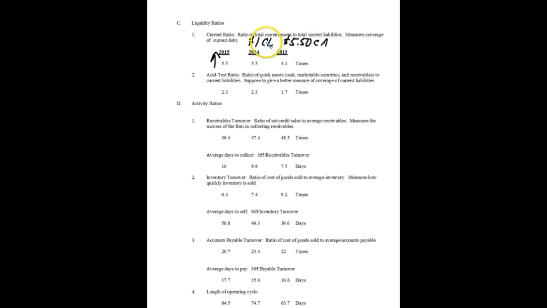And that's pretty high. Usually the concern is that it's too low. It might be for every $1 current liability, there's $1.25 of current asset. And ideally, it's $2 of current assets for every $1 current liability.